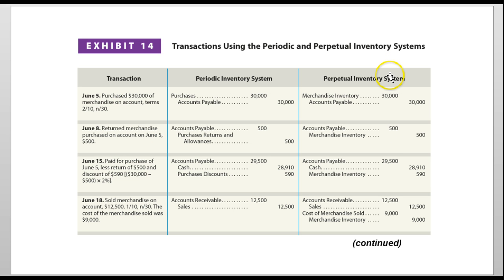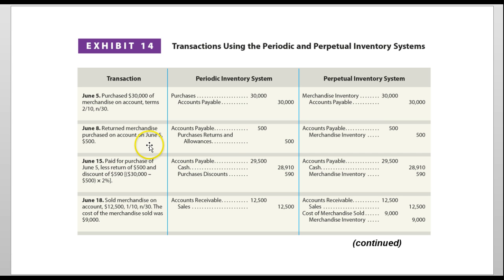In the perpetual inventory system, you were always putting things into inventory. Now we're going to change, and we're going to keep track of purchases during the period we're trying to keep track of. So if I purchase $30,000 worth of merchandise on account, that would go into purchases and accounts payable, as compared to putting it into inventory and accounts payable.